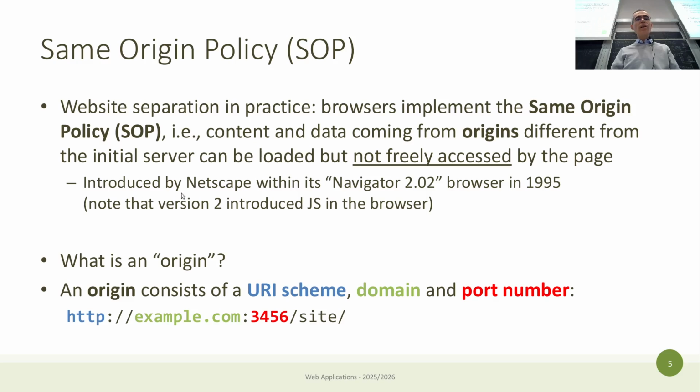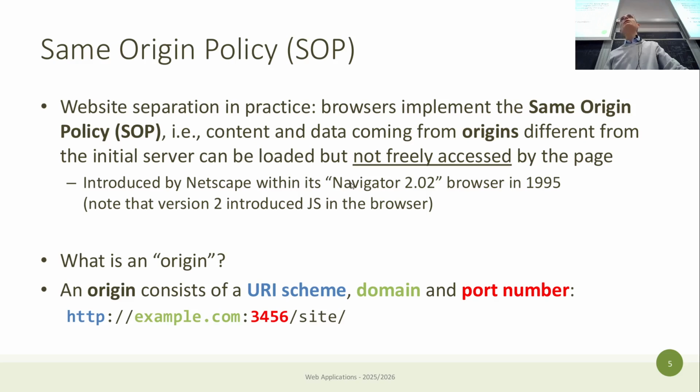So actually, in one of the browsers that nowadays doesn't exist anymore, Netscape, sort of the ancestor of many browsers, in version 2.02, because 2.0 introduced JavaScript, so they realized the problem afterwards, okay? In 1995, we're talking about 31 years ago, the content and the data coming from origins different from the initial server can be loaded but not accessed.